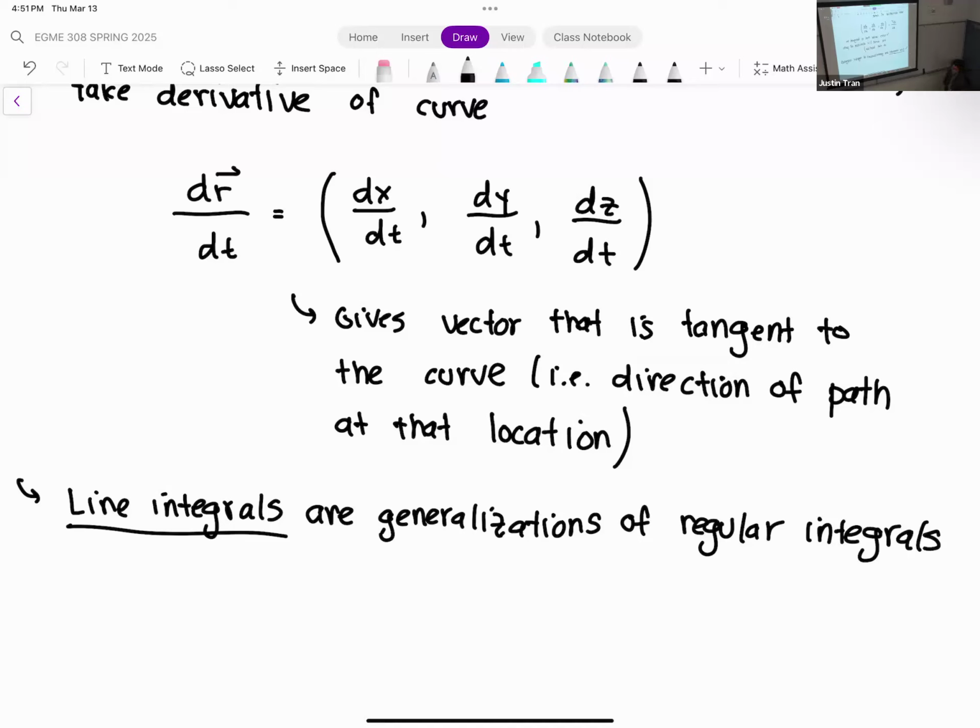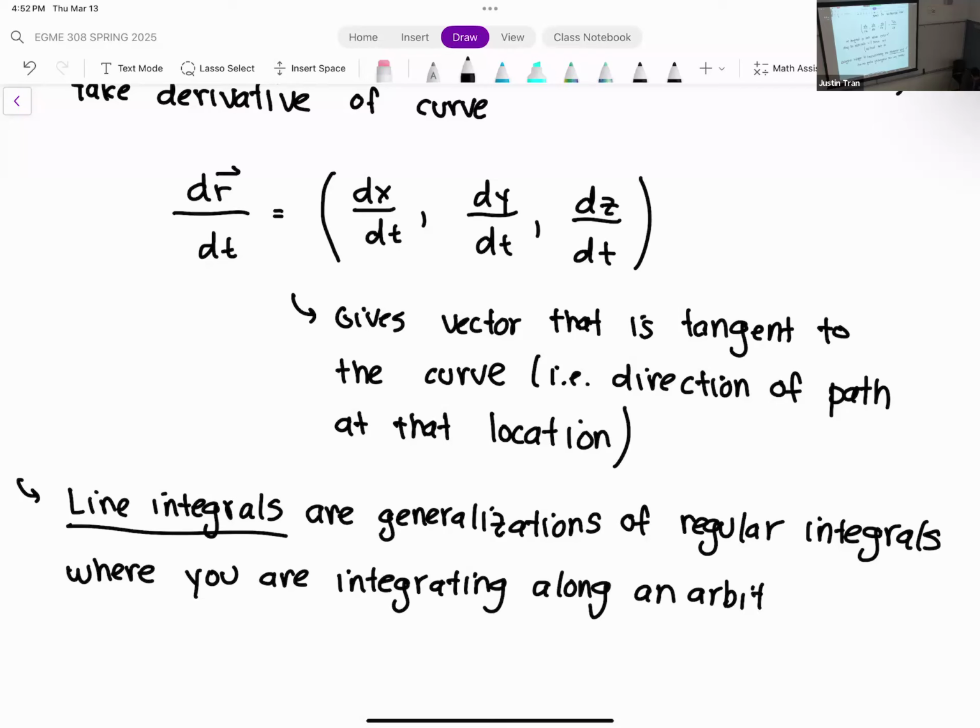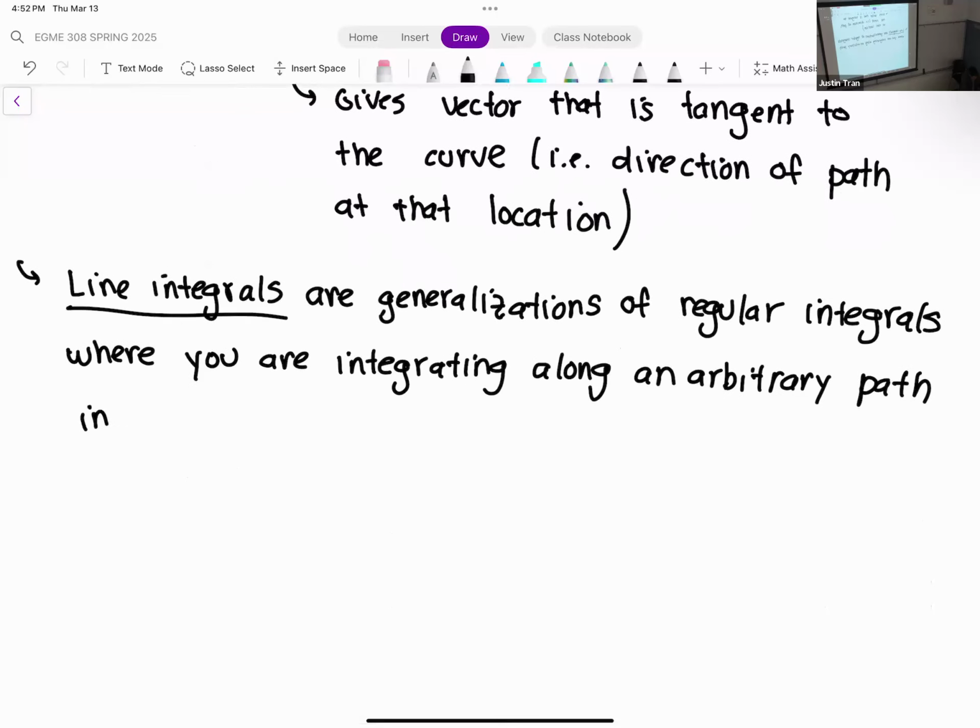But the idea with line integrals is that you're kind of integrating over an arbitrary path in multi-dimensional space of a multivariable function. Okay.